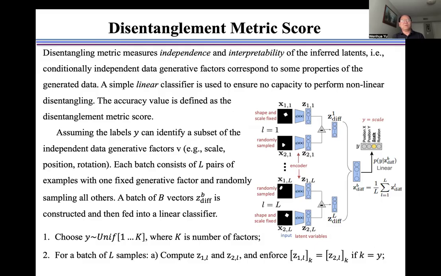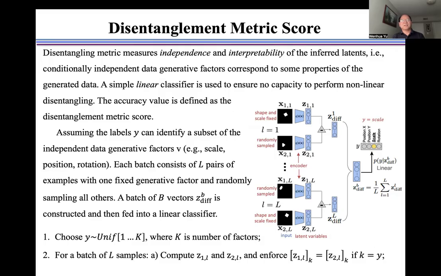Assuming the label Y, as shown here, can identify a subset of independent data generative factors V, for example, scale, position, and rotation.